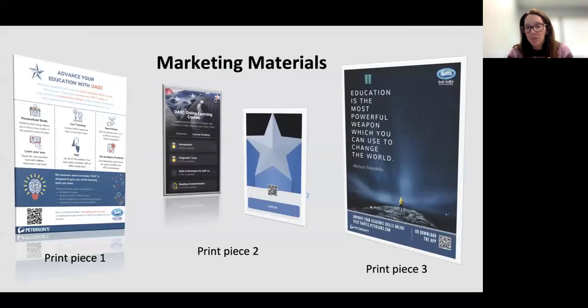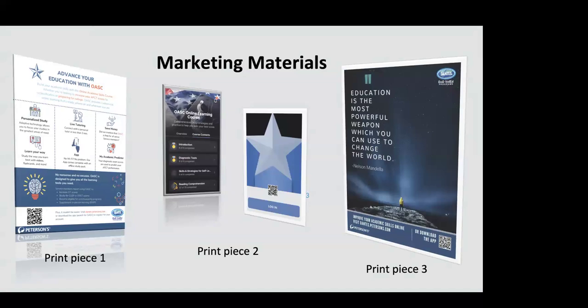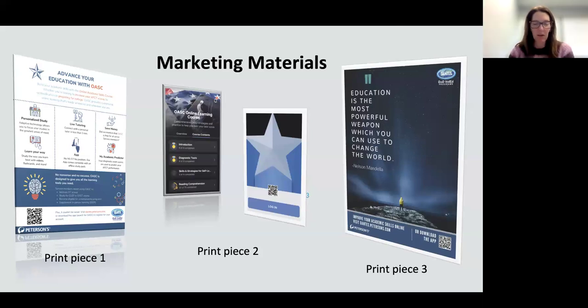We have marketing materials available to you free of charge. You can order those and we'll send them to your base or installation. We have print pieces available for the course, just educational, inspirational posters. We also have a little app card, and there's a QR code on there. So if they want to take the course on their phone, great.